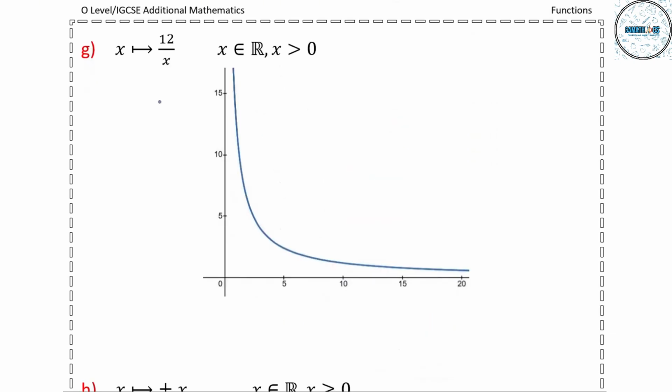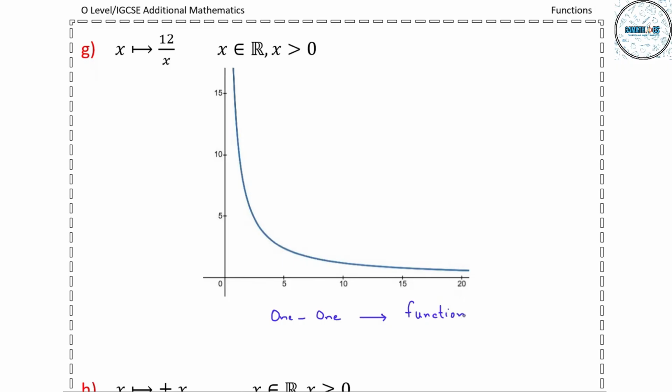In this part, x is mapped to 12 upon x. It is also a reciprocal function. X belongs to real numbers and x is greater than 0. It means that we just have to consider the values of x which are greater than 0. As we know, it is one-to-one mapping. One-to-one mapping is a function.